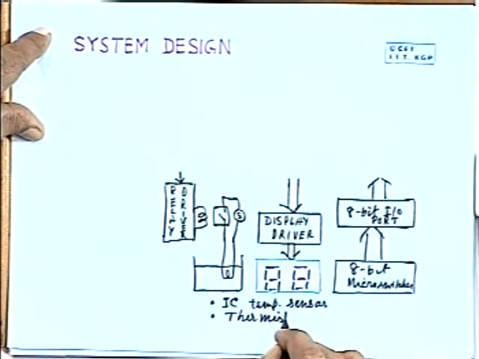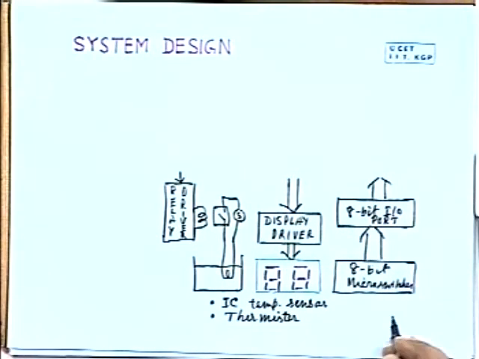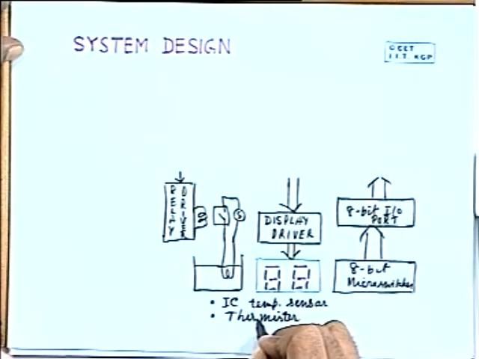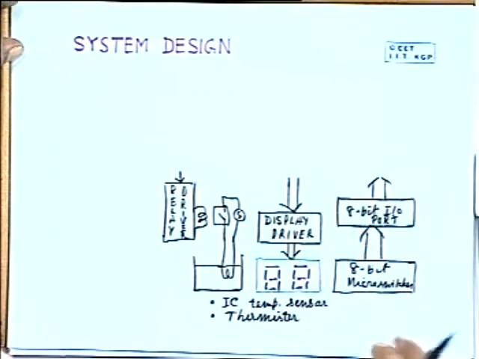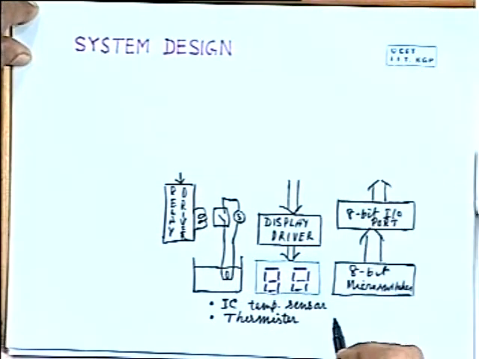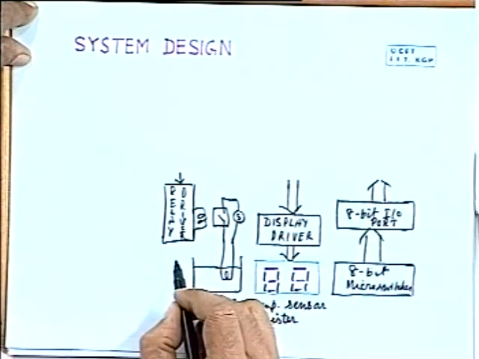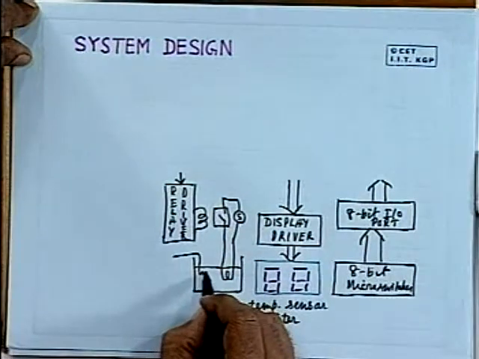Thermistor can be used for this purpose. And out of these two, we have selected thermistor because of its low cost, small size and ready availability. So thermistor will be kept here.